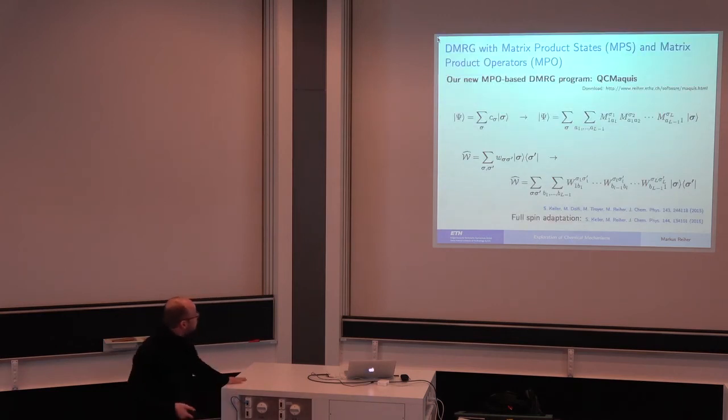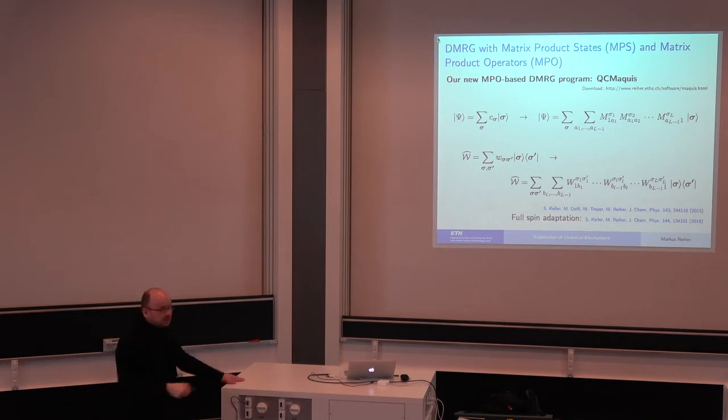We have a new implementation of DMRG solidly based on matrix product states and matrix product operators. These things refer to the representation of the wave function. Basically, what we usually have is an electronic wave function given here, where you expand in a set of Slater determinants. This is now written as an occupation number vector, but never mind.